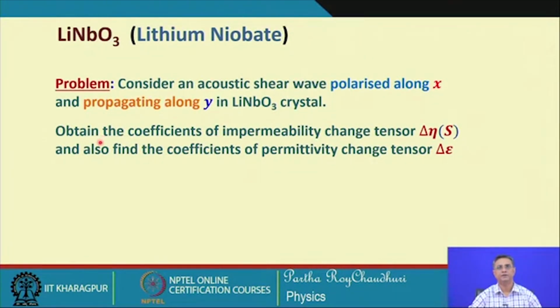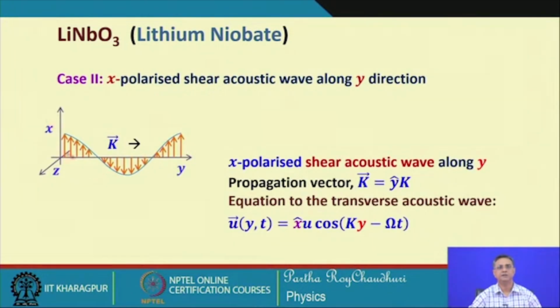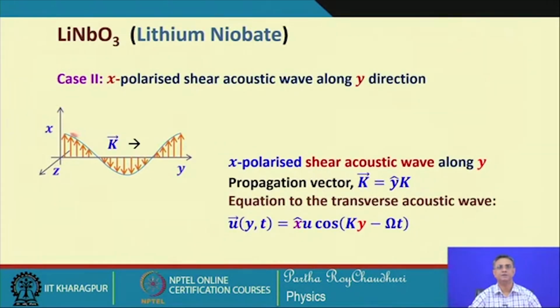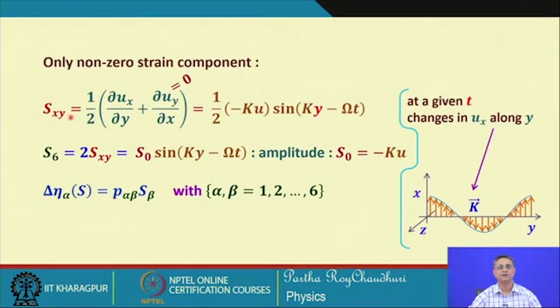To obtain the coefficient of impermeability change, for this case where the shear wave is polarized along x and propagating along y, the strain will be given by this equation. Looking at this, because it involves x and y, the shear strain component will involve only this non-zero quantity, and the rest are all 0.